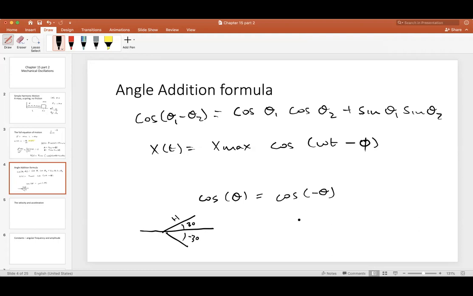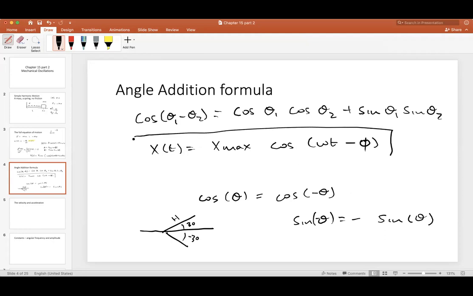Further, sine of negative theta is equal to negative sine of theta. Just remember those things. You don't need them, but this is kind of important: the cosine of an angle is equal to cosine of the negative angle, and sine of the negative angle is equal to negative sine of the angle.